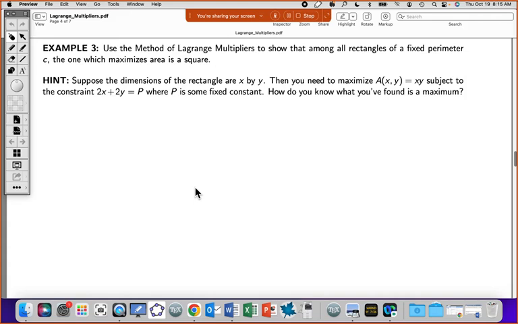So we've been looking at the method of Lagrange multipliers. And once again, you can think of this as an alternative way to maximize or minimize functions on boundary curves. And so the setup, at least what we've been working on anyway, is we've got some function f of x, y.